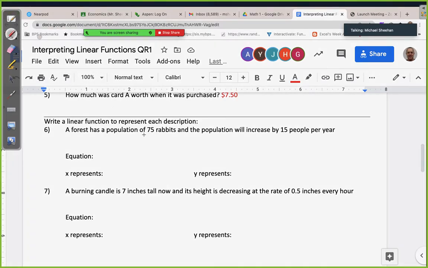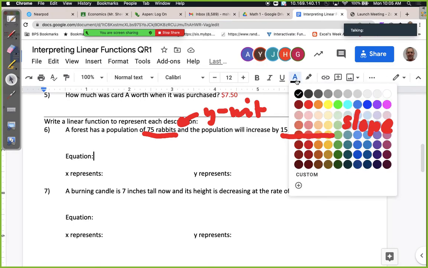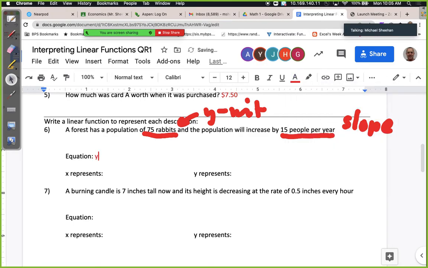The starting amount is your y-intercept, and when you see per year, that's your slope. All right, this is your y-intercept. So we're going to write an equation. We're going to write y equals 15x plus 75.